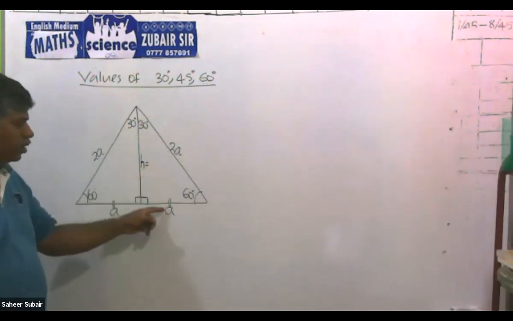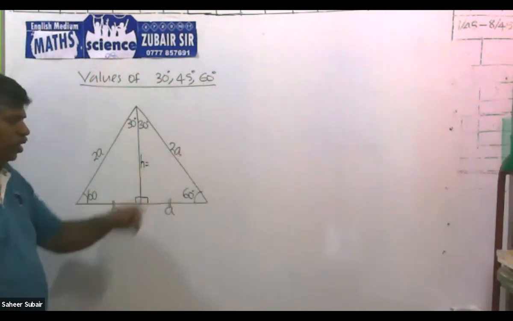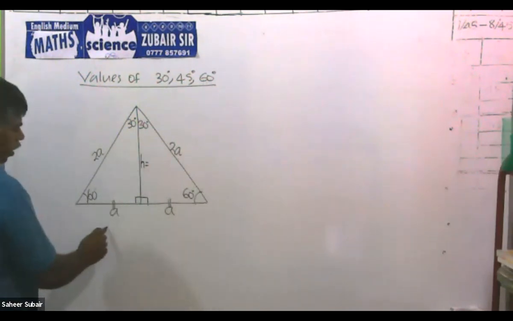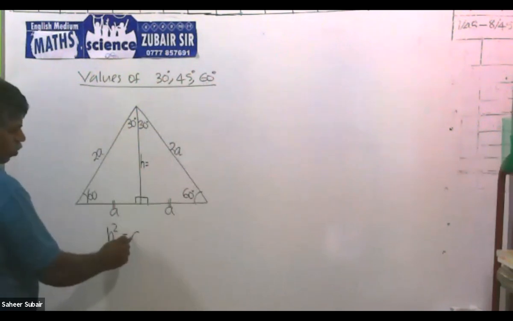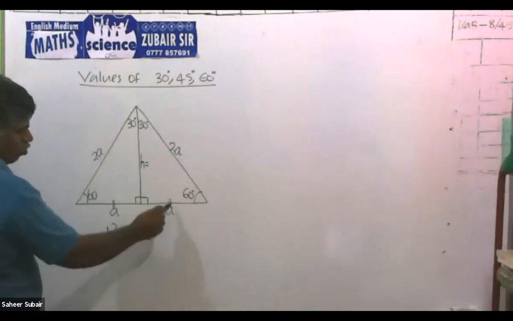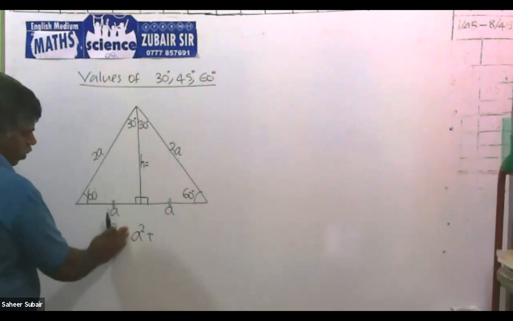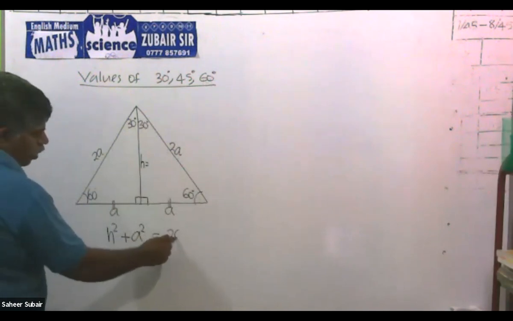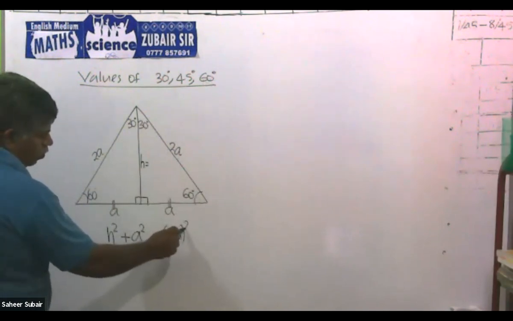This one squared plus this one squared equals this one squared in this right angle triangle. H squared plus a squared is equal to this one squared. This one is 2a, so 2a squared.